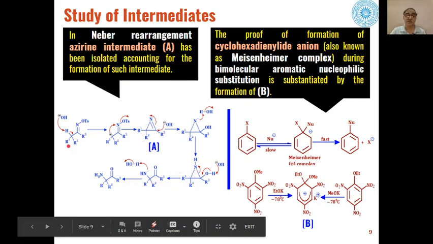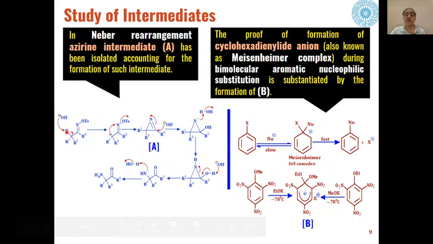So in the first step, because this proton will be an acidic proton, this will be eliminated and we will get this type of carbanion, and this carbanion will attack this nitrogen with the elimination of tosylate group, which is a very easily removed leaving group, to give us these types of azirine intermediates.